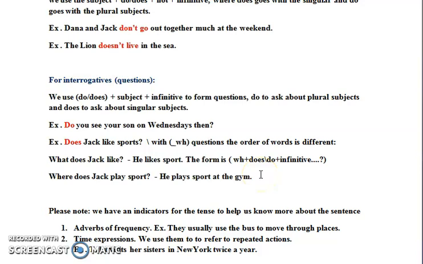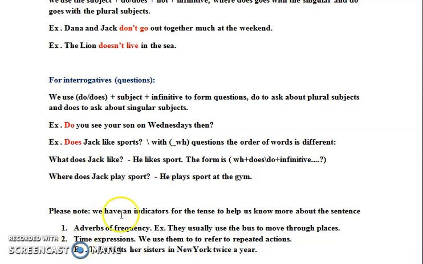Okay? So, let's end this class with this beautiful big note which I want all of you to save. In the normal, affirmative, or positive sentences, we have two types of indicators to find inside these sentences in order to know that this sentence is in the simple present.